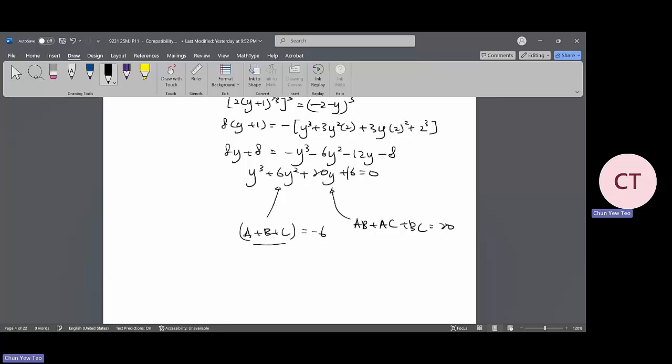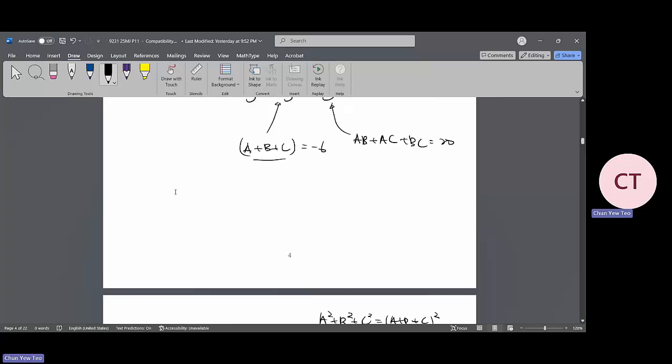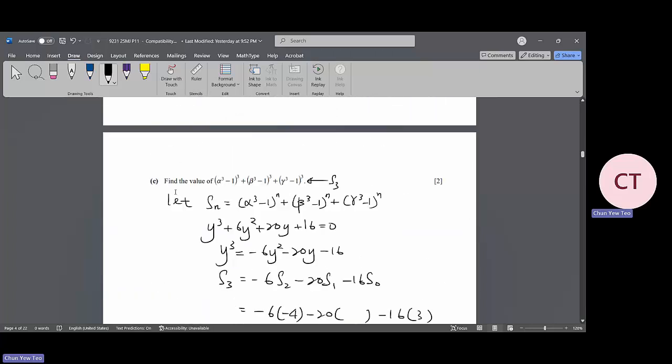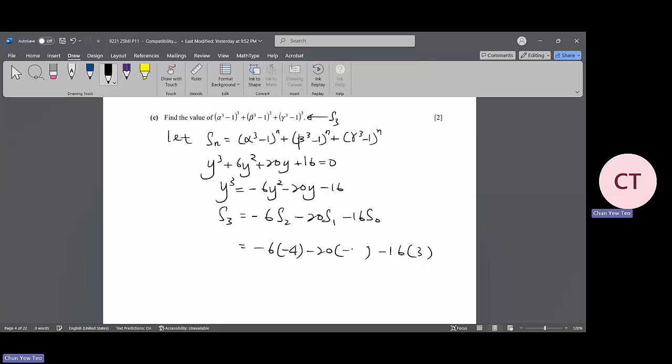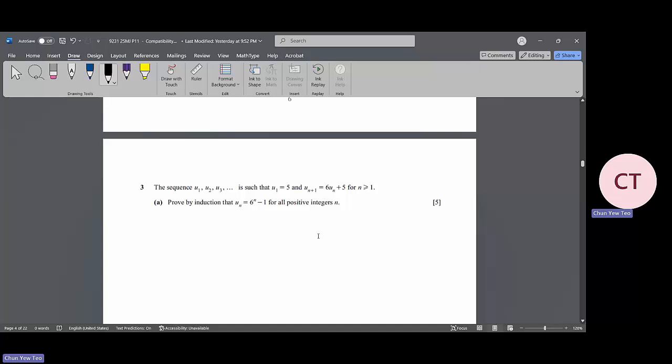This is S1. S1 is negative 6. So we just replace the negative 6 inside and just press the calculator. You get 24 plus 120 minus 48. Then you get the answer 96. Done. This will be the answer for question number 2. Moving on, we have question number 3.